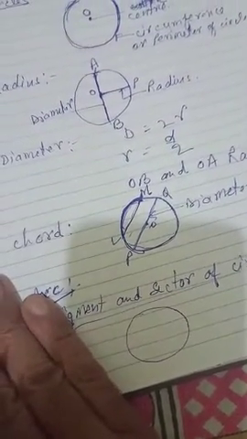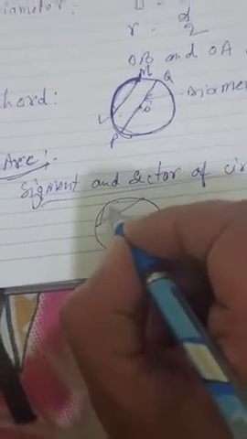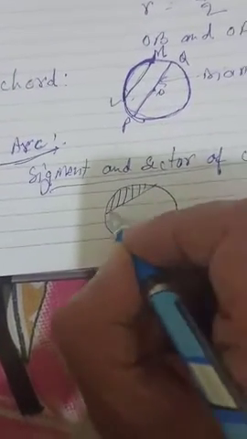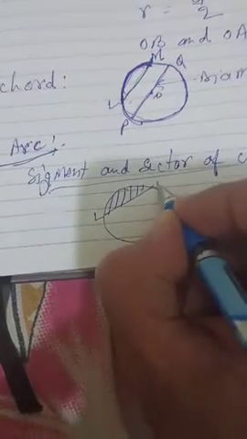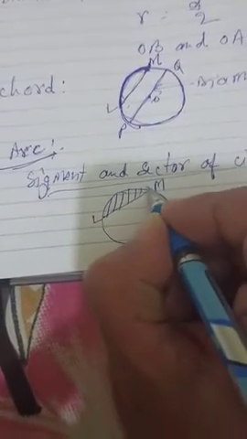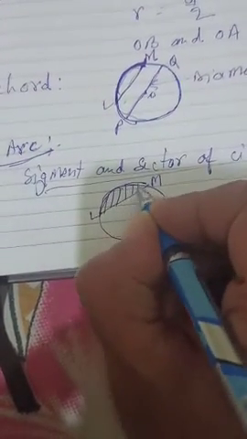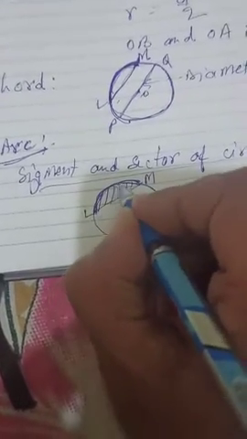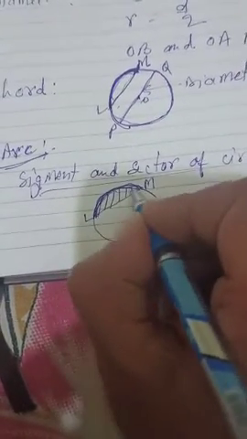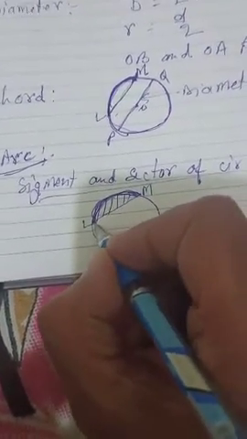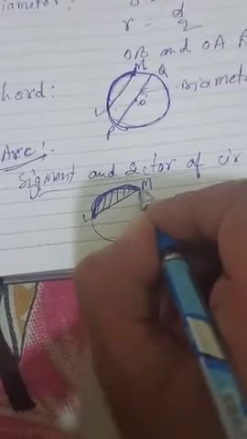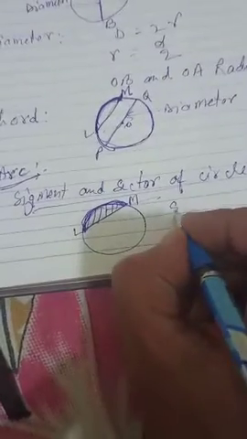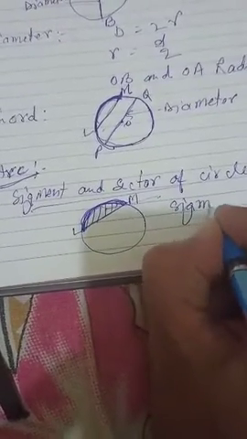It joins the figure like this. Is this your circle? In this part, LM is the chord, and the arc is represented by the circumference. A part of the circumference is called the arc, and LM is the chord. That is called a segment.